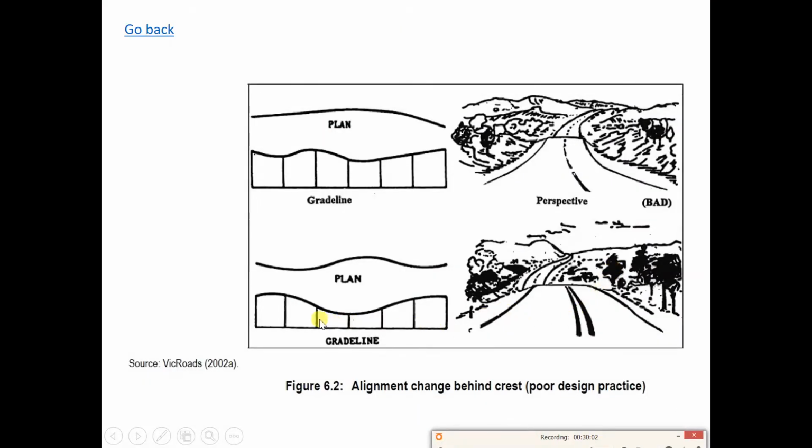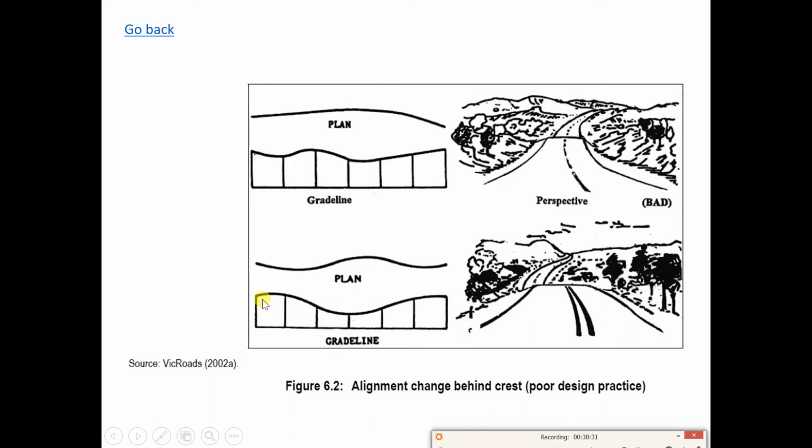Okay, so at the beginning of the curve, you have a crest, and you look down and you don't know what happened.